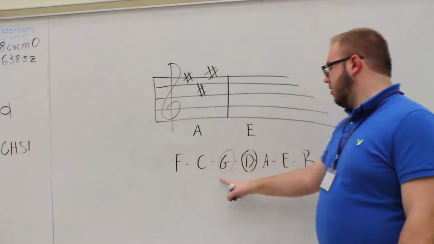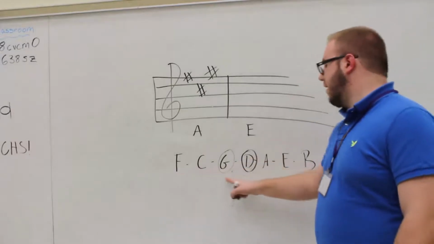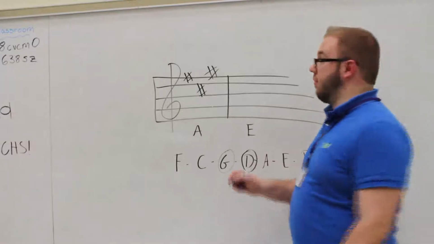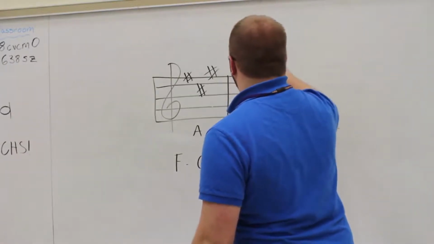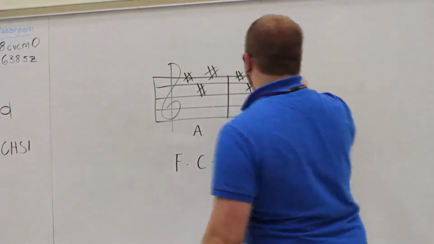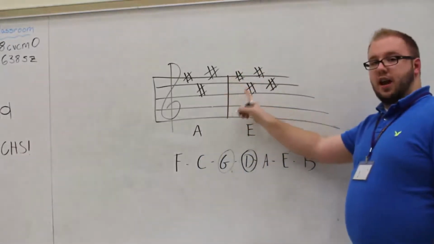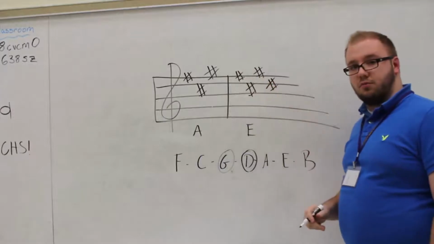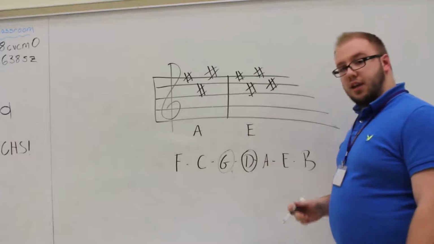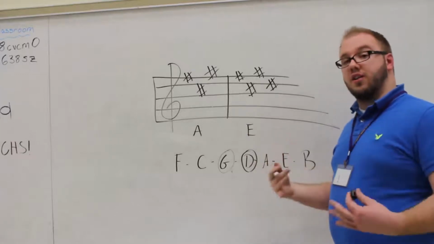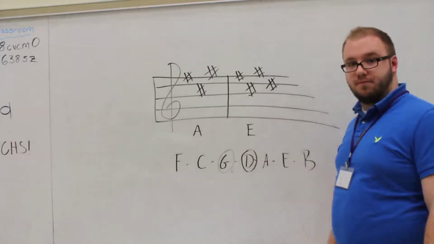We need fuzzy cats get dirty. And we have to make sure we put them in the right order. Fuzzy cats get dirty. So that's how we construct sharp key signatures.